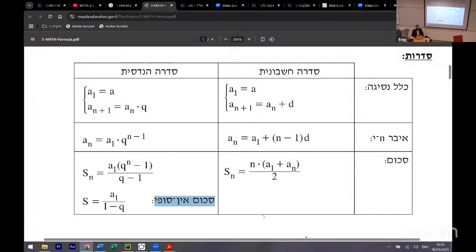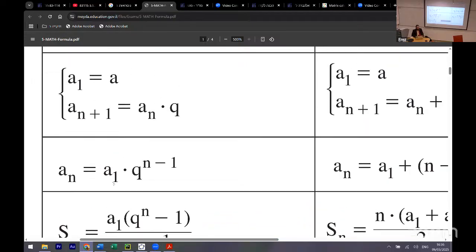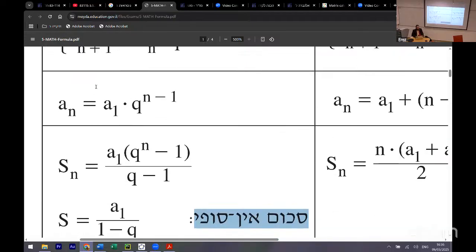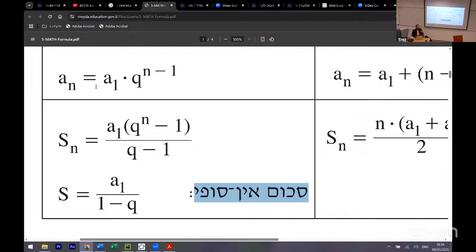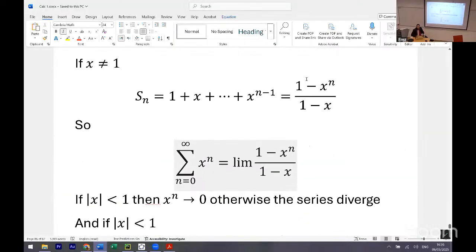They multiply by the first element, which makes sense. If you start with some element, then all of the elements of the geometrical sequence will be multiplied by it, and so the sum will be multiplied by it as well.